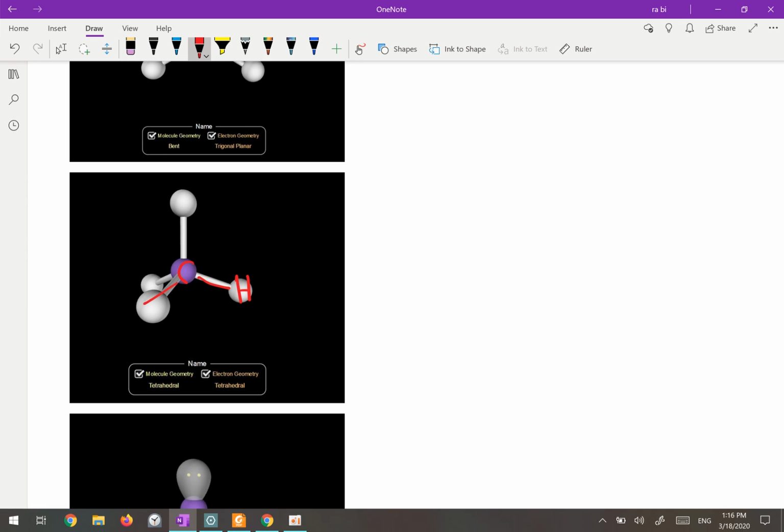This one is coming out, so you show it by the bold line. This one which is going inside, the bond, we show it shaded. This one is on the surface, so we show it by the solid line. So you have H here, H here, H here. This is the shape of the molecule, and the angle that you have here is 109.5 degrees. So this is how you have to draw your molecule.